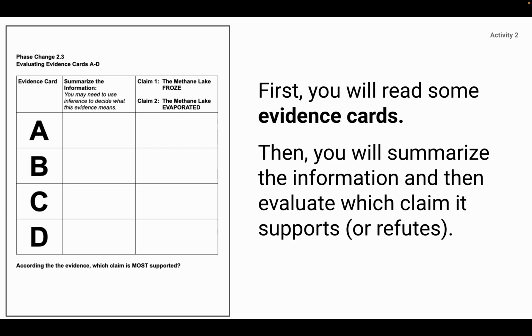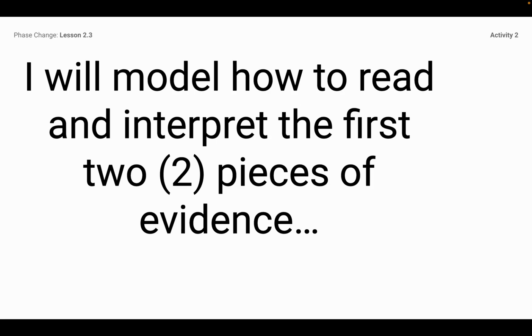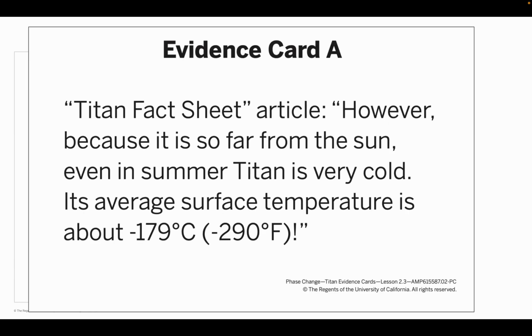I'm going to read the evidence card to you. I'm going to do the first 2. I will model how to read them and how to interpret them. I'll do the first 2 with you. You're going to do C and D on your own. Okay, so evidence card A says, this is an excerpt from the Titan Fact Sheet article.